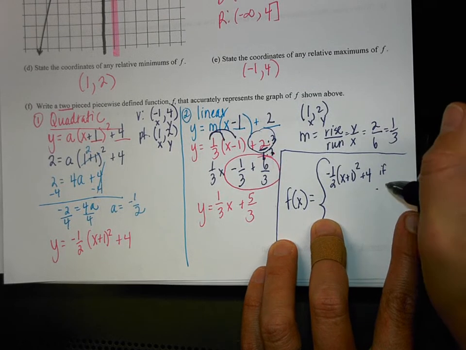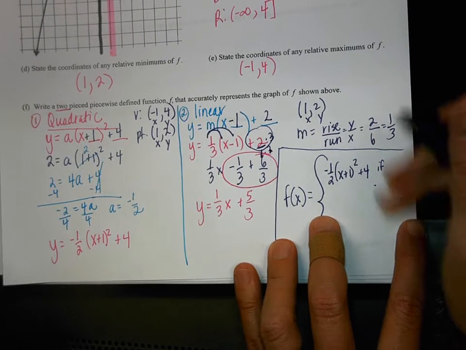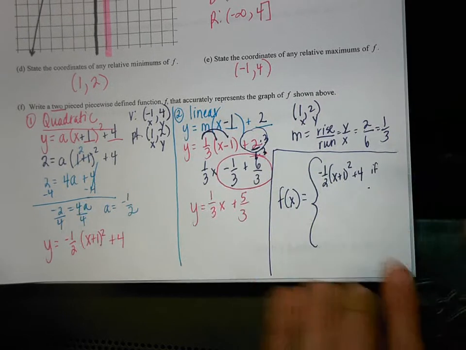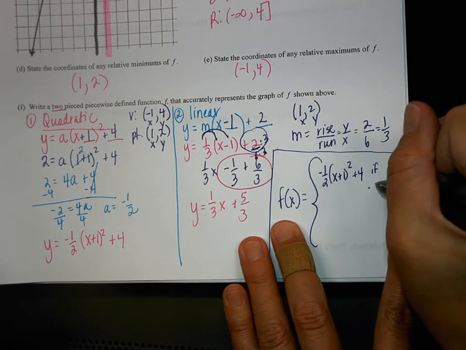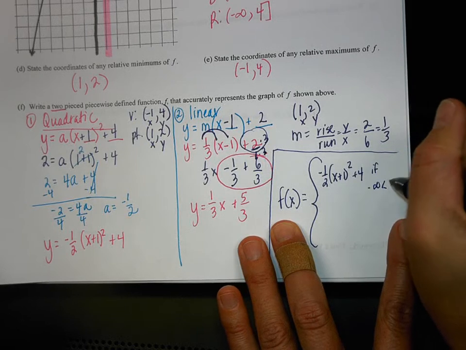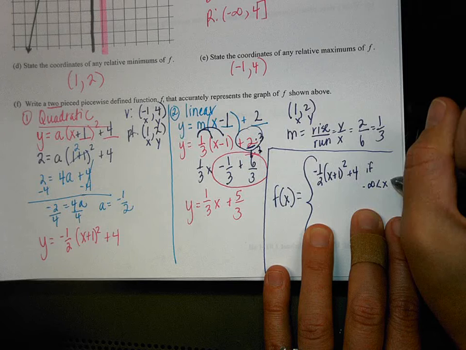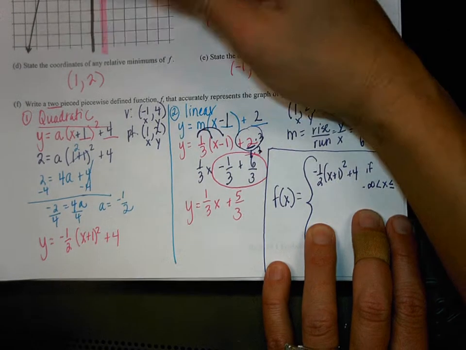Good. I'm running out of room here, so I'm going to write it down just a little bit. It's normally on one straight line. Negative infinity is less than x is less than or equal to, and where did this function stop? 1.